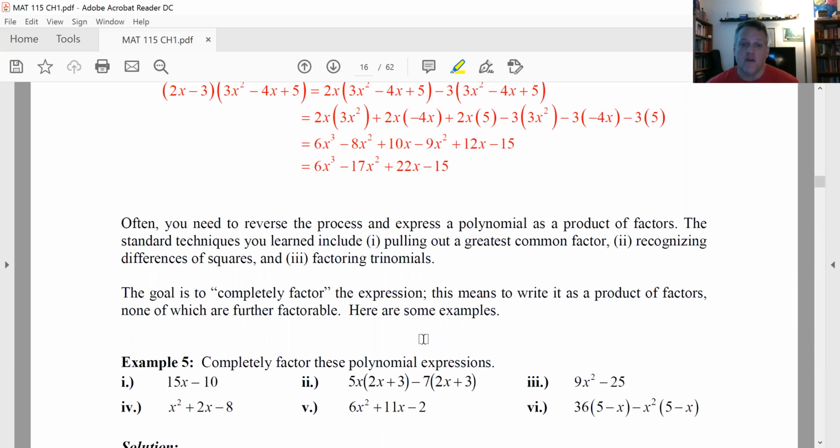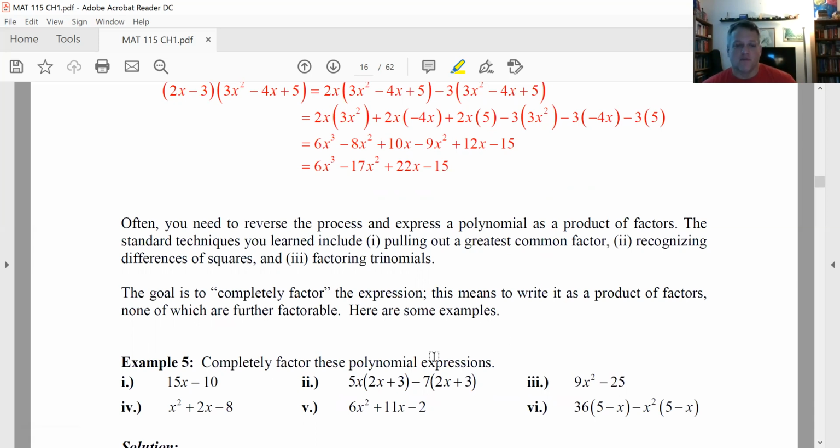So you want to figure out what is the largest chunk you could yank out of every term of an expression. And what you do is you pull it out and then you rewrite the expression as that thing times a simpler thing. In fact, that's what factoring means. Take something and write it as a product of simpler things. And so we're going to do that for the first one and the second one. We'll come back to these.